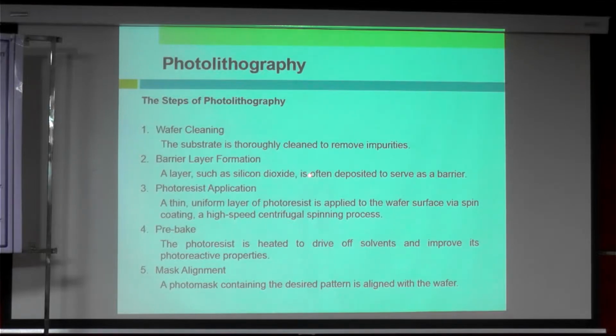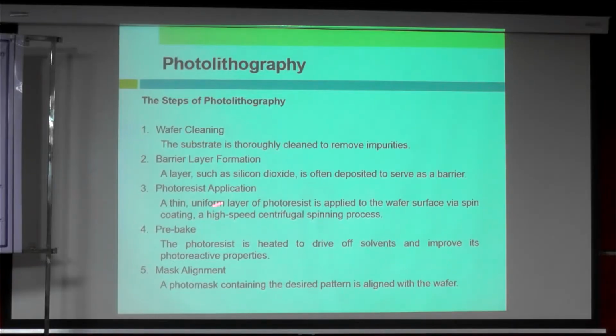The barrier, meaning if you want to have an electrical circuit on your device, then you have to have a barrier, because silicon is a semiconductor. Then silicon dioxide is your electrical insulator material. So that is silicon dioxide.